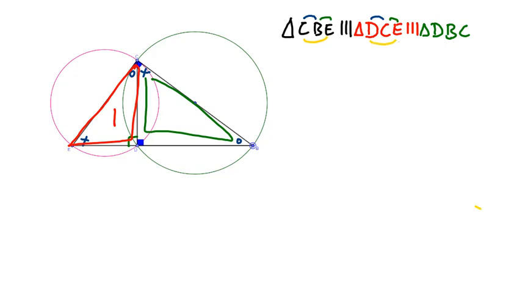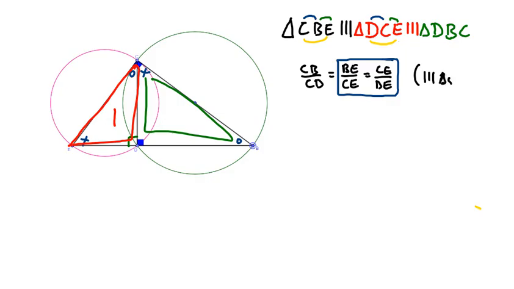Watch. Let's write them down. CB over DC, or if you like, you may actually write it as CD, is equal to BE over CE, and that is the same as CE over DE. In a case where you wanted to prove that something squared is equal to something times something, you will definitely pick that up. And of course, you will say similar triangles.